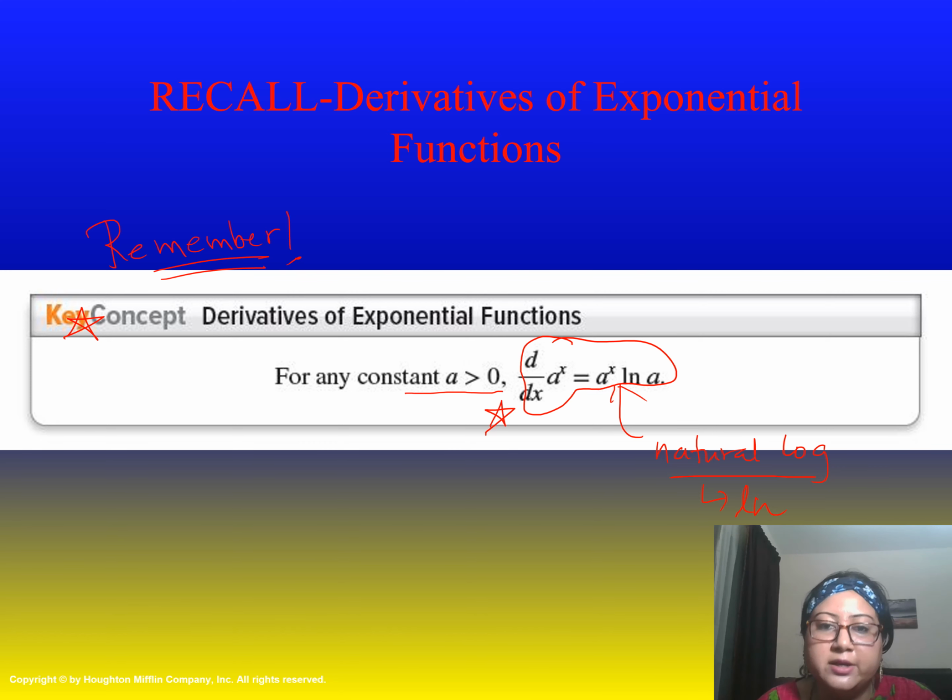So when you take the derivative of an exponential function, and in this slide as you see, the exponential function has base a and power x. So d by dx of a to the power x is going to be a^x log a. Now here this is not the usual log, this is the natural log that we are taking, ln. So that is what you need to be careful of.